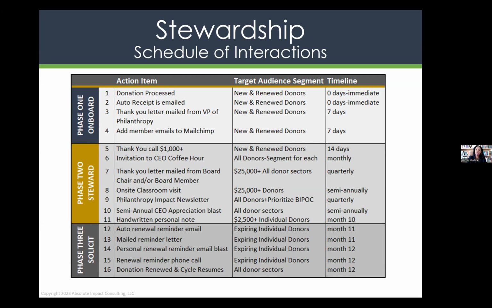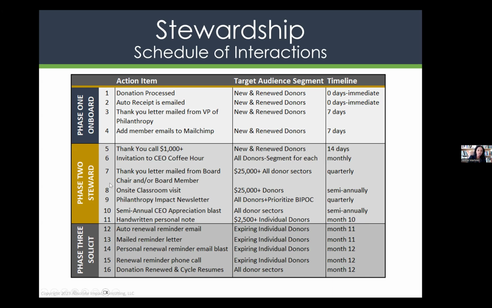And I call it a schedule of interactions because within the grand scheme of those interactions, stewardship takes place. We see stewardship as the siloed activity or behavior that we do with or for our donors, but it really is part of the larger picture of interactions with your donor.